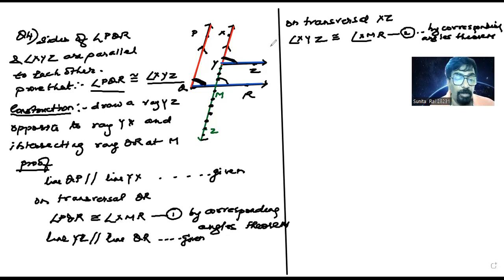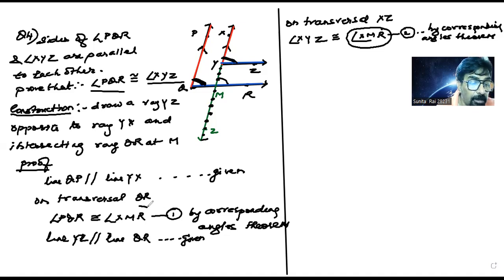Now what will happen, children? When you look at this carefully, in your statement number 1, you got your angle PQR congruent to something. Congruent to what? Angle XMR. And in statement number 2, you got your angle XYZ, again congruent to the same XMR. So don't you agree, children? The right hand side of statement number 1 and statement number 2 are the same.